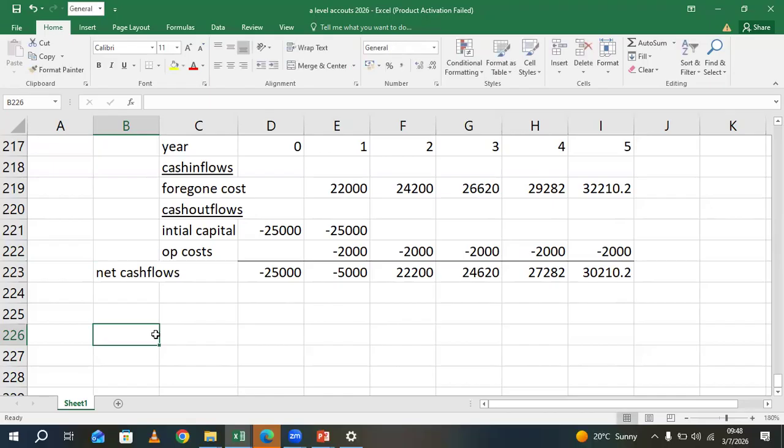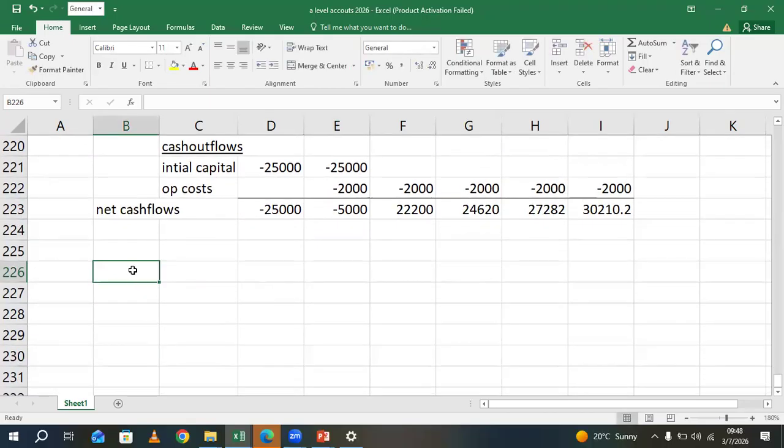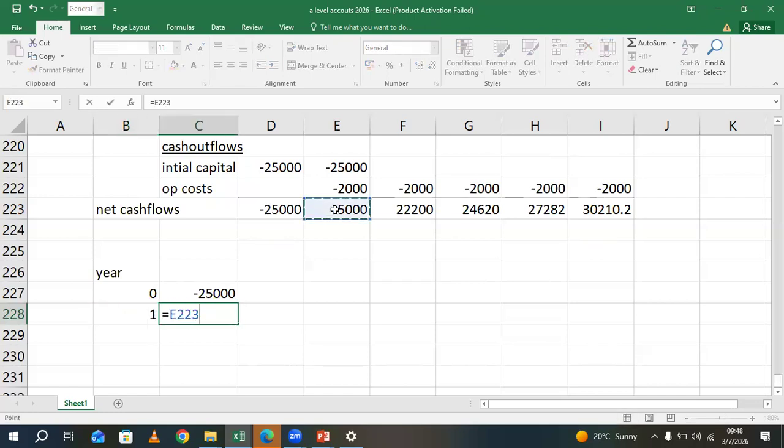So it's just the same as saying year zero, there's a cash outflow of this. Year one, there's an outflow of that.